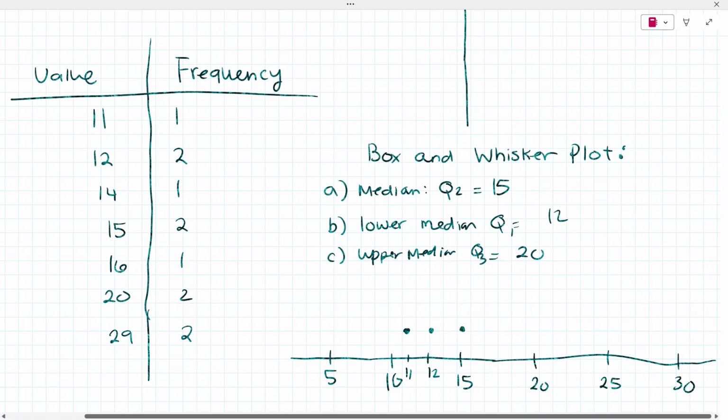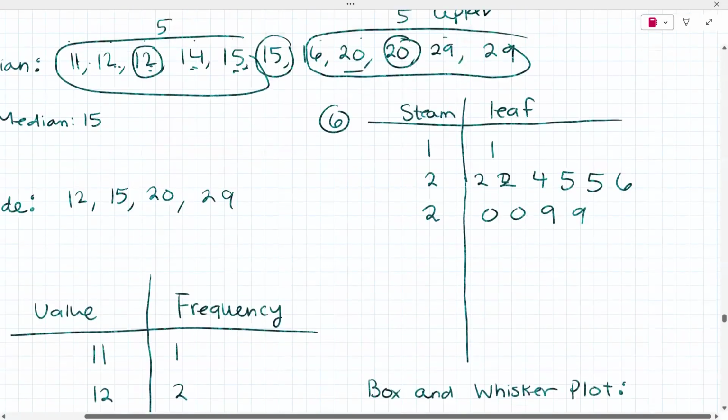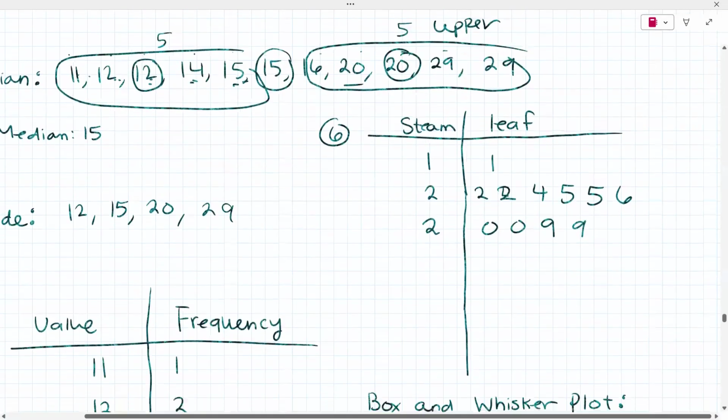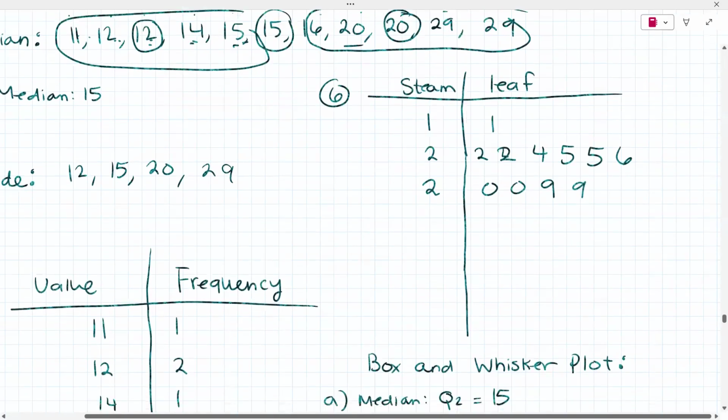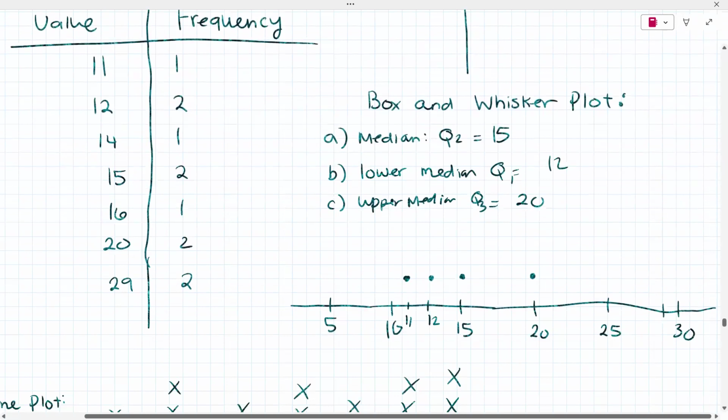Put a little dot there. 20 is quartile 3, so put a dot there. And then what's our max? Our max is 29. So put a little dot there.